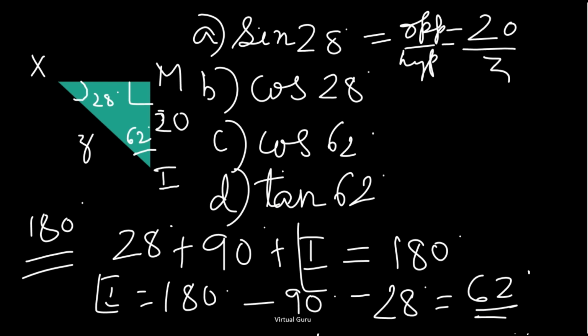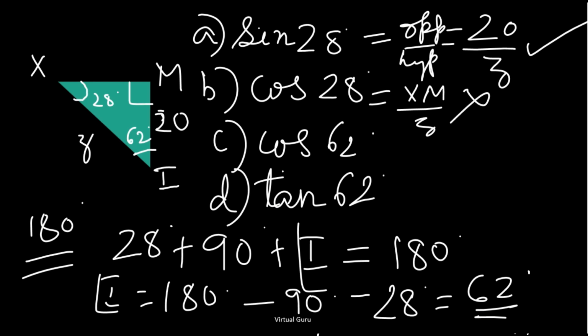Hypotenuse is Z. Yes, if you bring Z to the left hand side and sine 28 to the right hand side denominator, we can easily find Z. So this is useful. Well, cos 28: cos is adjacent by hypotenuse. The adjacent side of 28 is XM, whose length we don't know. So if I write XM and hypotenuse ZM, we have two unknown variables here. So will this be useful?